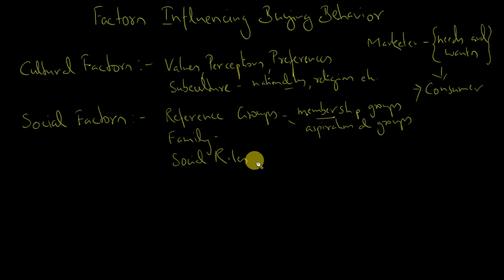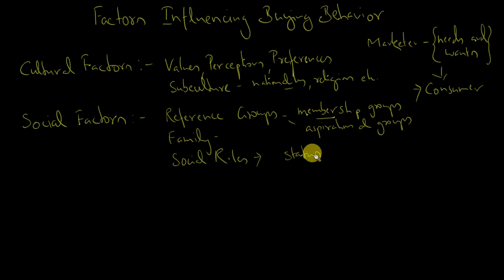Similarly, social roles means a person's position in each of such groups can be defined in terms of roles and status. So, a person's position in a family, club, or organization will also define the purchase behaviors. Some positions like top level management positions can dictate or influence purchase decisions where the person has to maintain a certain status.